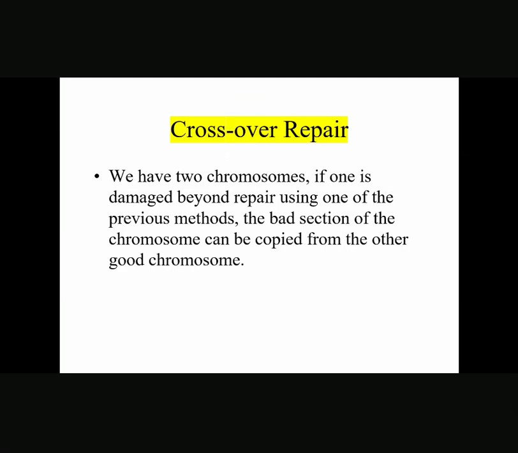Number 5, crossover repair. What if these other repair methods just don't work? Something's wrong. We do have one more method to fix things. This is for what's called strand breaks.